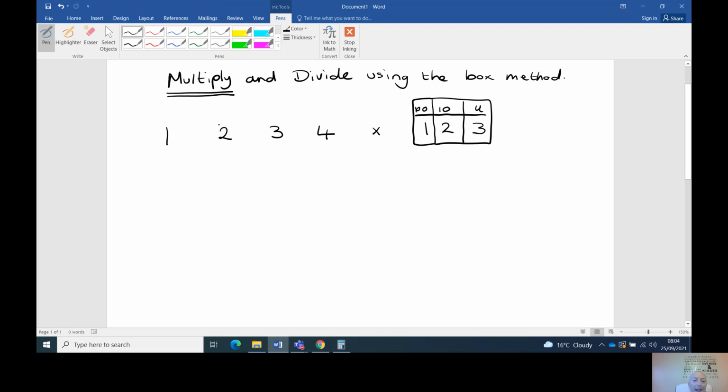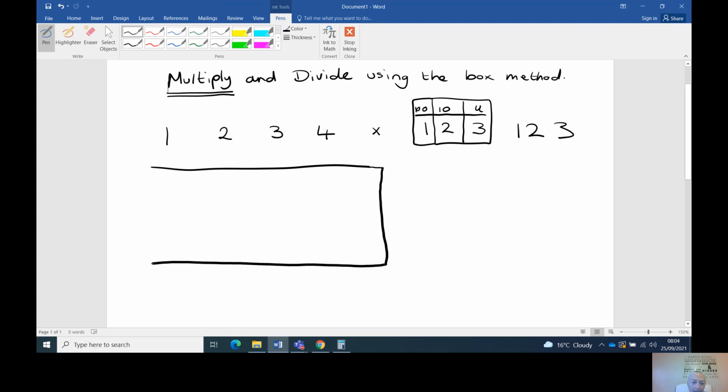So how many boxes do I need? I need 4. Now, because I'm working with 1, 2, 3, I'm going to make this a bit bigger. 1, 2, 3, and 4.